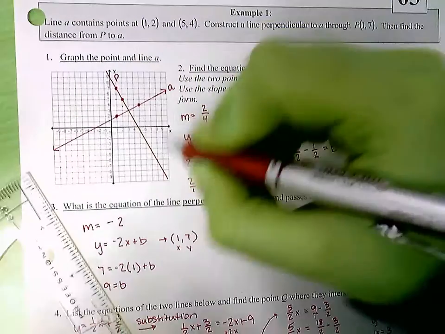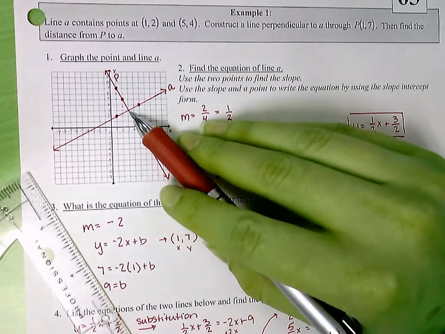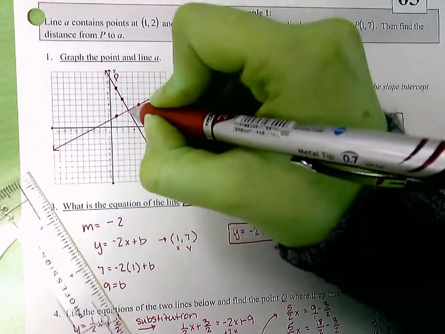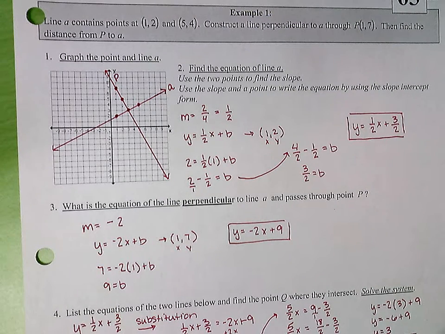Okay, and you'll see that those two lines do intersect at 3, 3. And that's what we were looking for, was that intersection point. On your assignment, it won't be that nice. It'll be a fraction, so you can't use your graph.